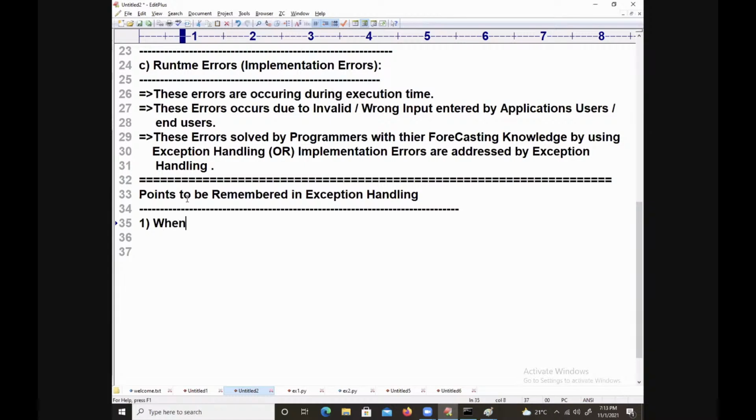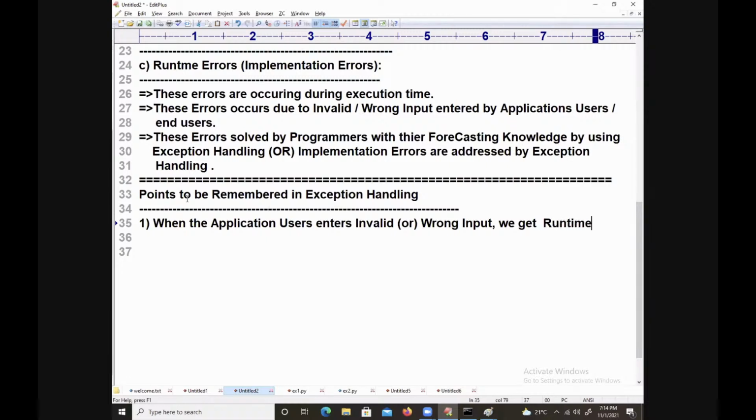When the application user enters invalid or wrong input, we get which error?